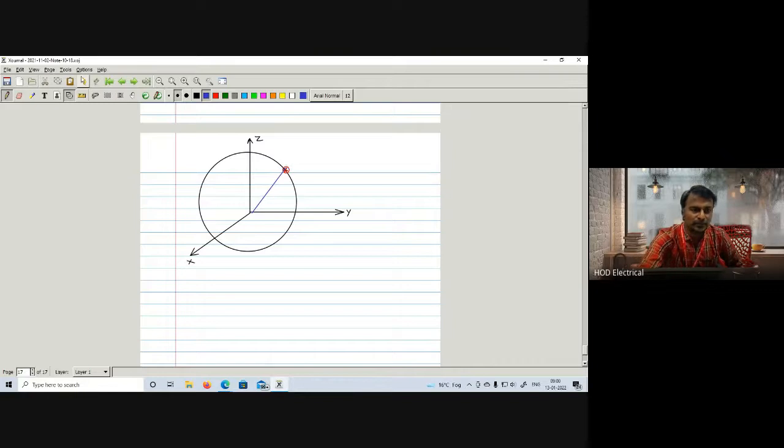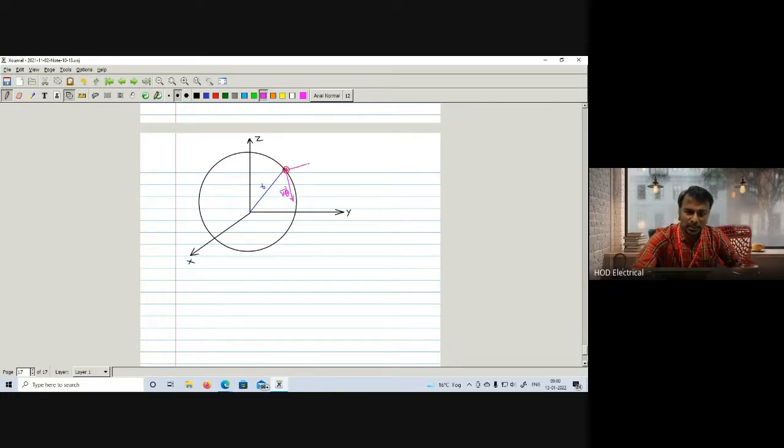The distance of the point along the direction of the u r vector will be r. Then we have another component, this is u phi; u theta we have done.